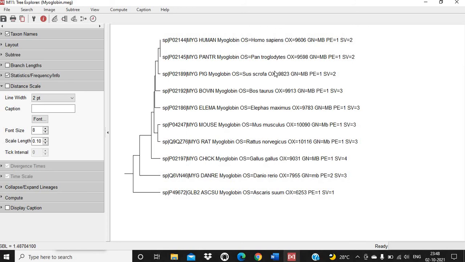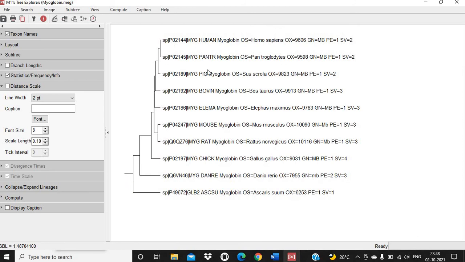And next is scrofa, and the myoglobin sequence of Ascaris, that is a worm. It's distantly related to human as well as Pan troglodytes, and this can be considered as an outgroup. This is actually a rooted tree, but here it is meaningless because you don't know which one is the root.